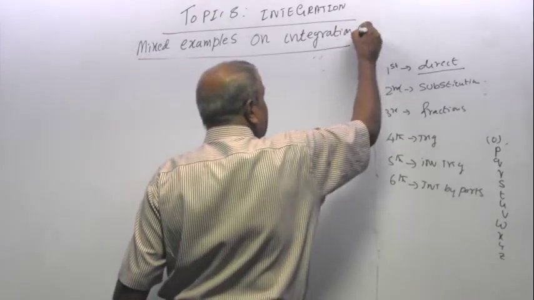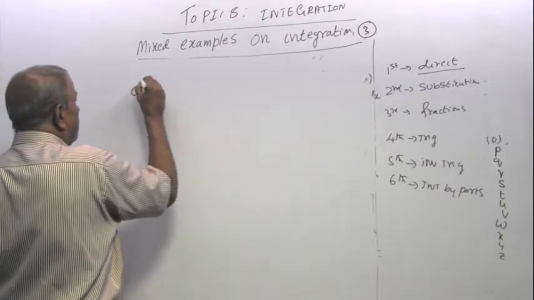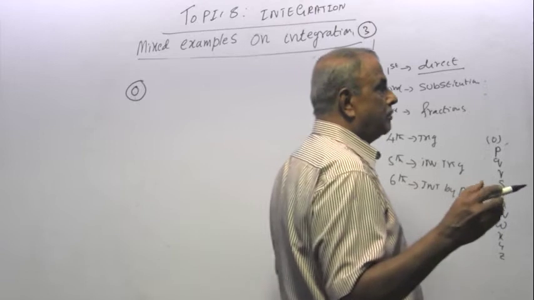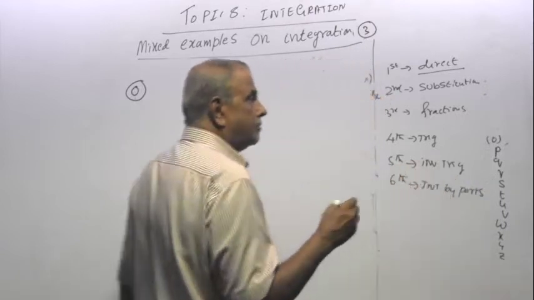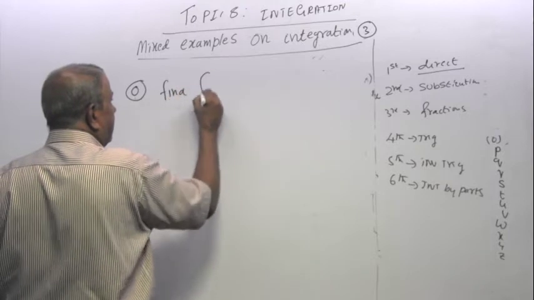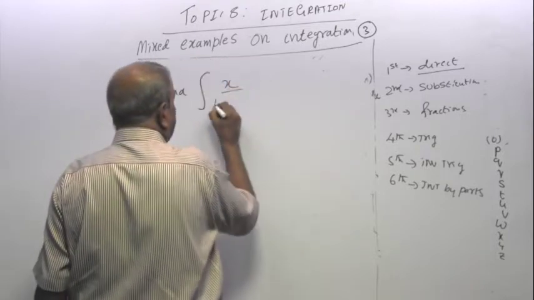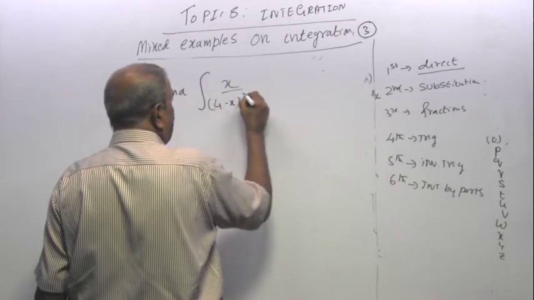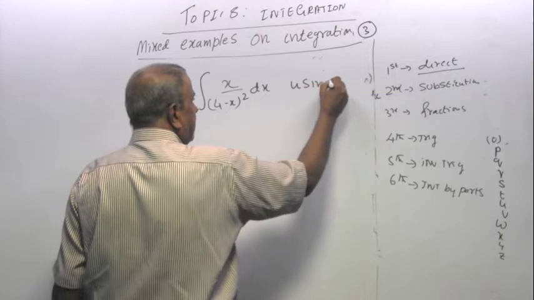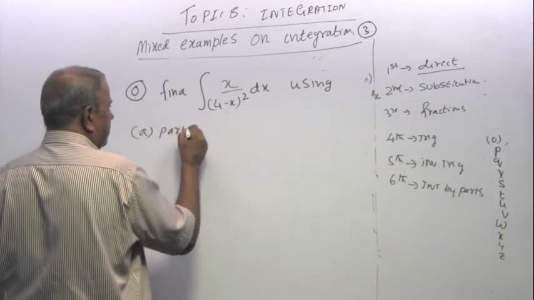Remember I started with A. I have reached up to N. So now I've got various methods of integration. Find the integral of x over (4 minus x) the whole square dx using part A, partial fractions.